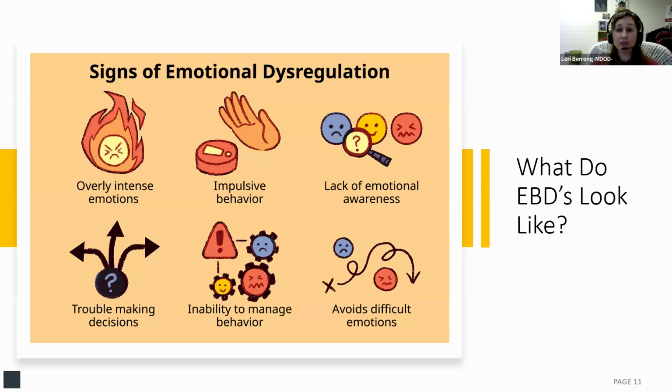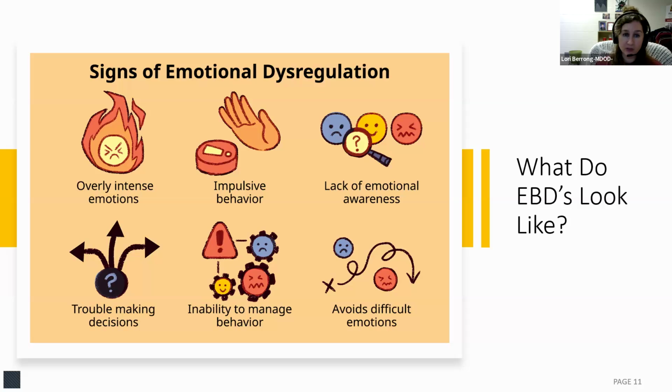So what does emotional behavioral disorders look like? What can it look like? Again, this is not all encompassing, but I liked this little graphic. So signs of emotional dysregulation. Again, these are going to be behaviors or things that can help us better identify that there is an emotional or behavioral disorder.